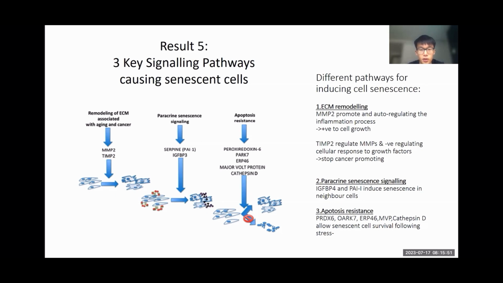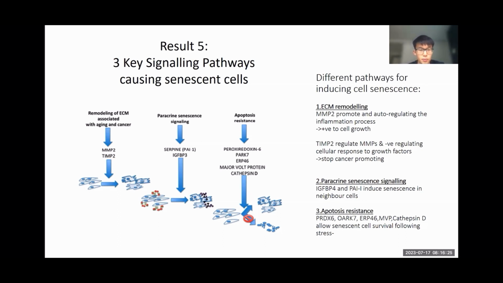MMP2 promotes and regulates the inflammation process, which causes cells to grow. Meanwhile, TIMP2 negatively regulates the cellular response and growth factor, doing the opposite of MMP2. They are basically one positive and one negative regulator in remodeling the ECM, and this causes cell senescence.